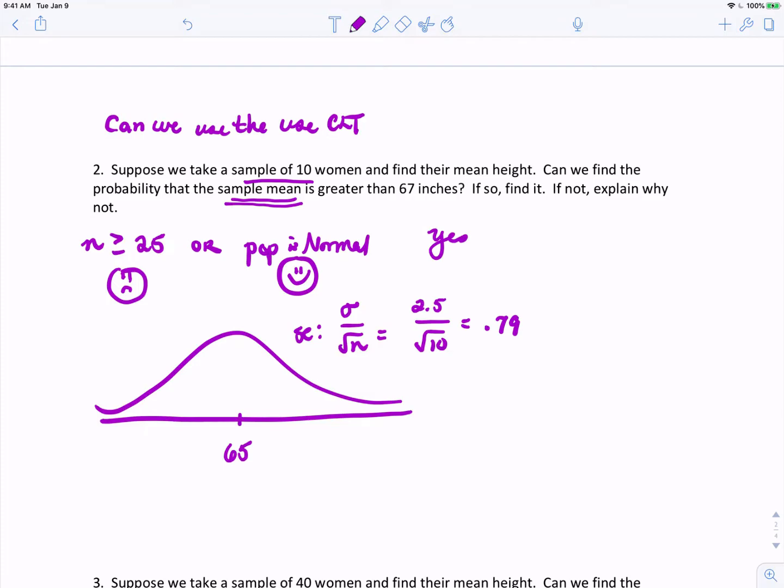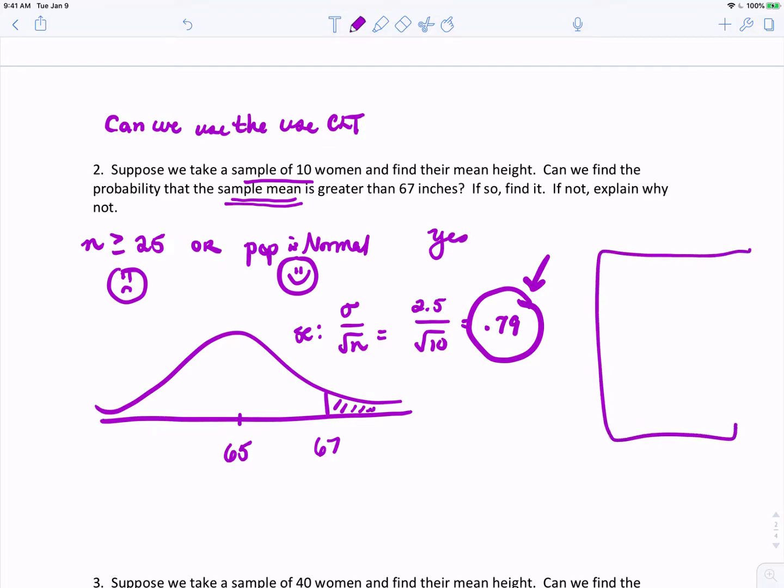So this distribution has a spread which is narrower than the first one that we looked at, but we would answer the question in the same way. Here's 67 inches. We want to find this area, but the standard deviation of this distribution is 0.79. So in a moment, when we go to StatCrunch and it asks us for the standard deviation, we have to remember that we're using the standard deviation of the sampling distribution.